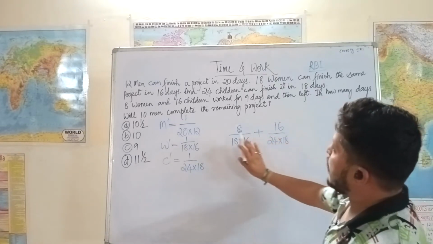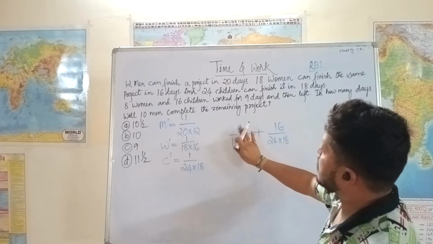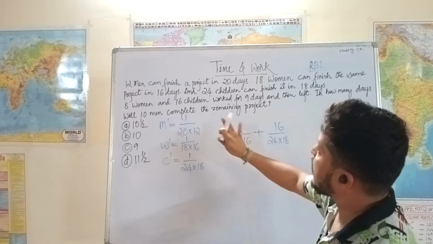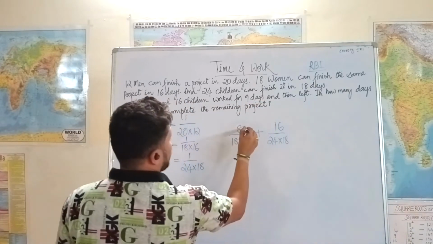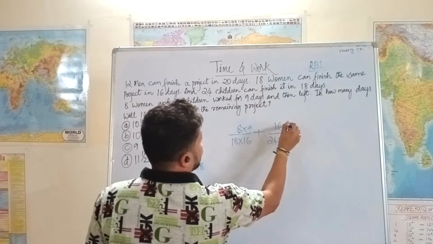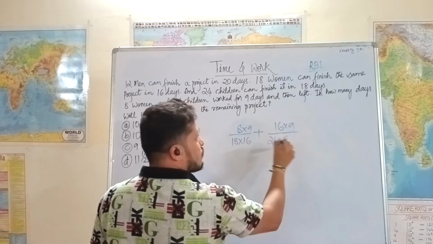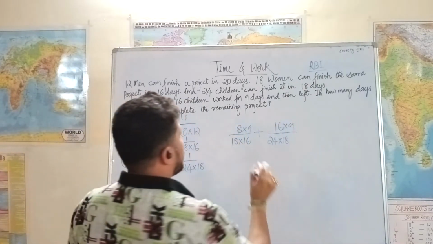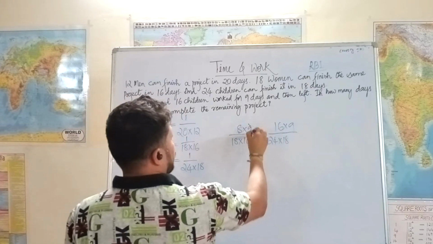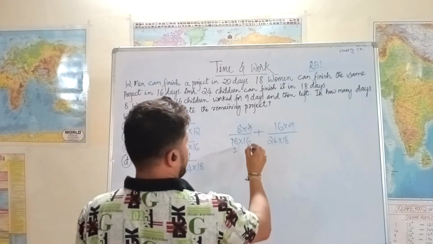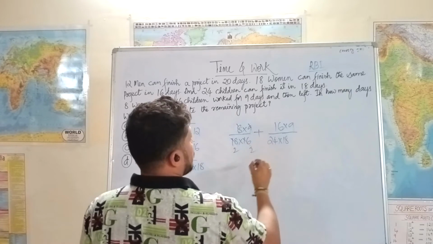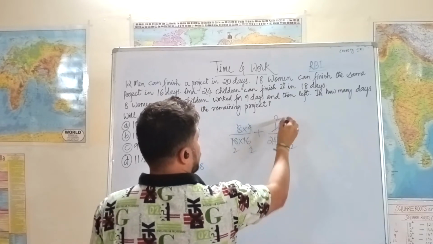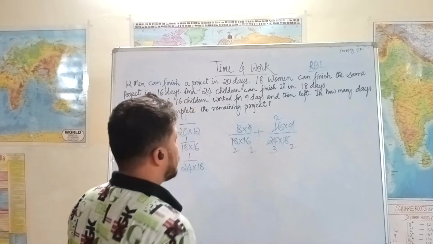Now they worked for 9 days. See, these are 16 children and 8 women. Each of them worked for 9 days, so I'll multiply by 9. Children worked for 9 days and women also worked for 9 days. Now let's simplify and see. 9 ones are 9, 9 twos are 18, 8 twos are 16, 8 threes are 24, right?